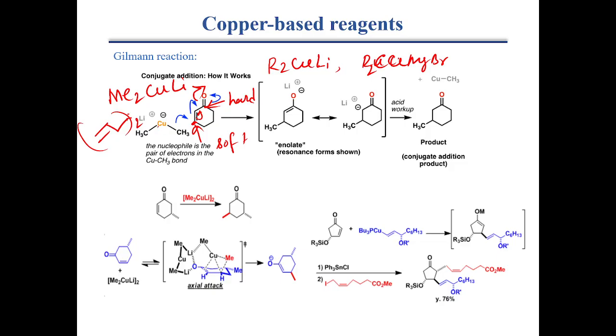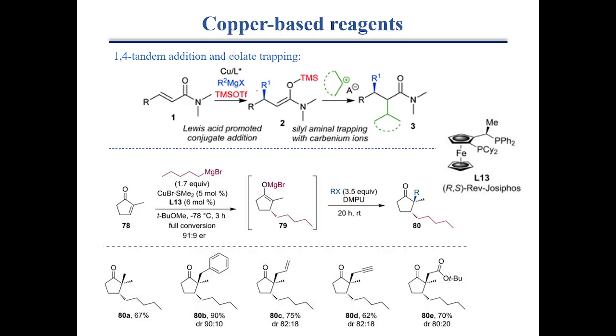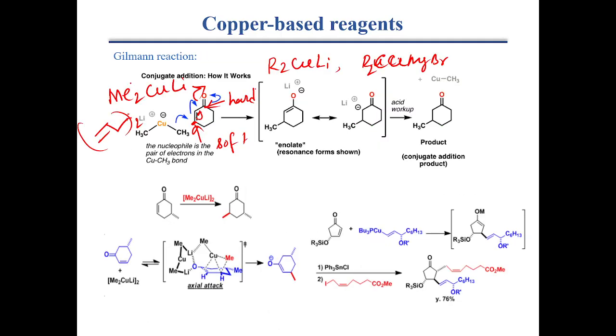In the copper case also, due to the presence of a transition metal, the methyl electrons can resonate onto the copper vacant d orbital. So that's why it is also a soft reagent, and due to the soft-soft interaction, 1,4 addition happens.